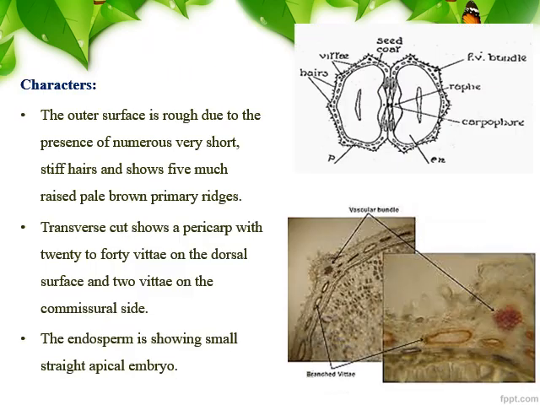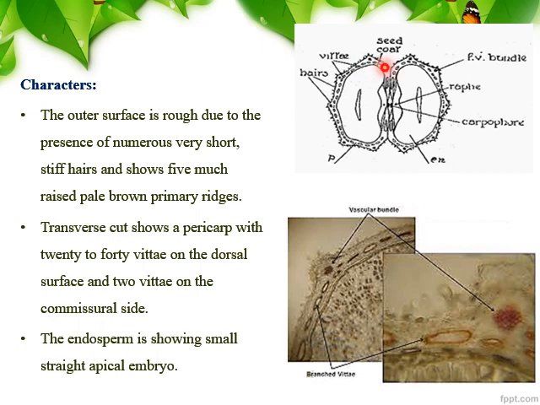The section in the anise is almost similar to fennel. The main section is occupied by the seed, epicarp and endocarp, and bicollateral vascular bundle, with the exception that in anise the epicarp is covered with numerous non-glandular unicellular hairs. Also there are numerous vittae on the dorsal surface due to the presence of branched vittae. In fennel we have 4 vittae on the dorsal side and 2 on the commissural side.